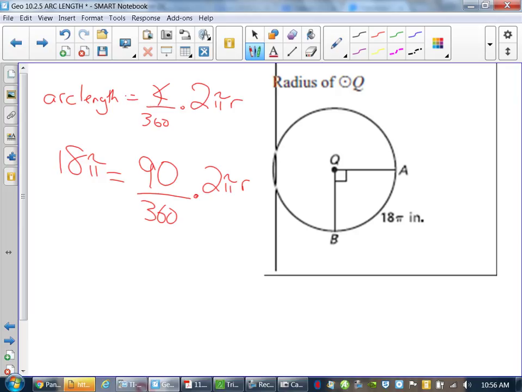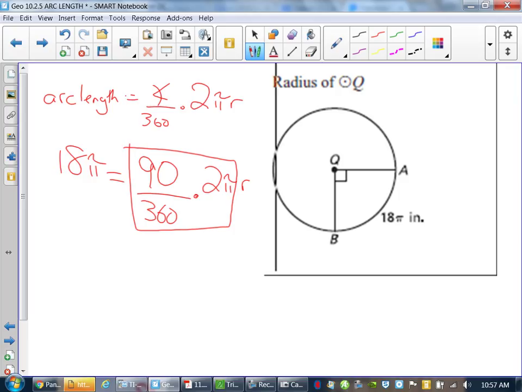So if you think about it, you have a bunch of junk times the radius. Can't I put this much in my calculator to figure out what that value is? Yeah.